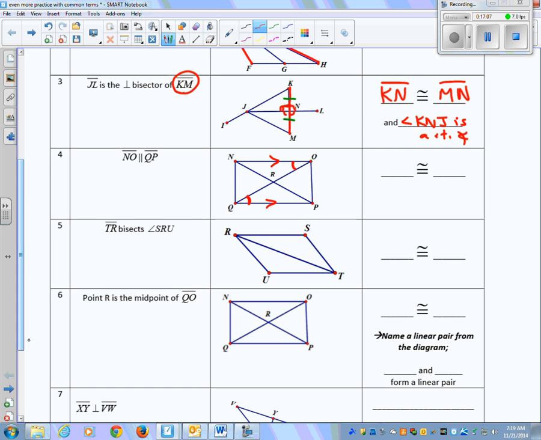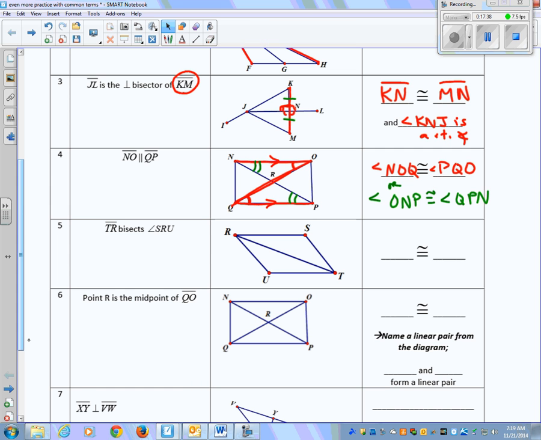So that would be angle NOQ congruent to angle PQO. You actually could have had another pair here of alternate interior angles, this one, and that would have been angle OQP, and either one of these is okay.